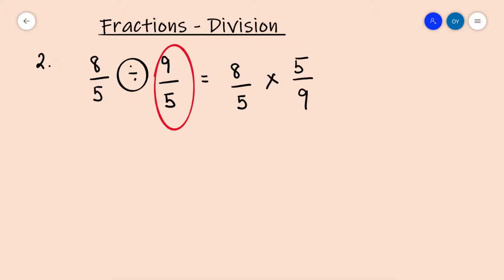And so now we simplify. 5 divides 5, 1. Now we see that we have no greatest common factor to divide. So we have 8/1 multiplied by 1/9, and this is 8/9. And that is the simplest form of this expression.